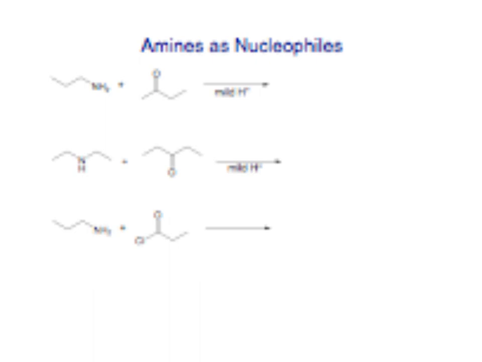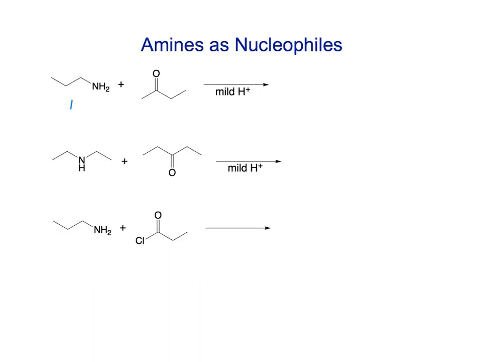So if we take a primary amine and we have a ketone, we end up essentially substituting the nitrogen for the oxygen, and oxygen is lost as a water molecule, and that water molecule is made up of these atoms right here. So all we really have to do to draw the product then is just connect these two together.